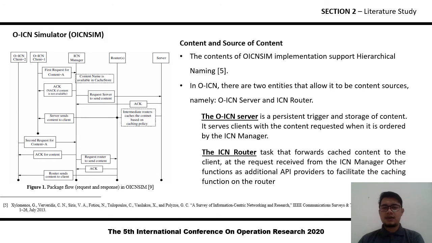And then the ICN router's task is to forward the cached content to the client and the request received from the ICN manager. Another function of ICN router is as additional API provider to facilitate the caching function on the router.